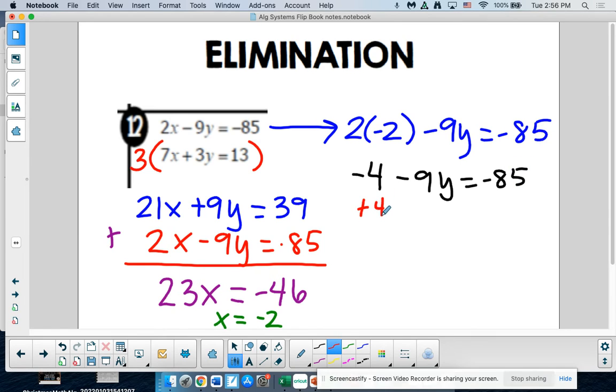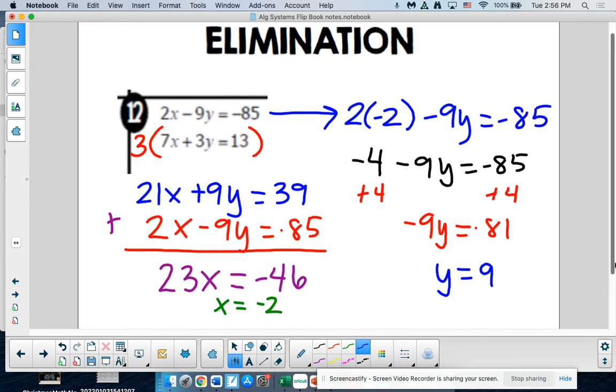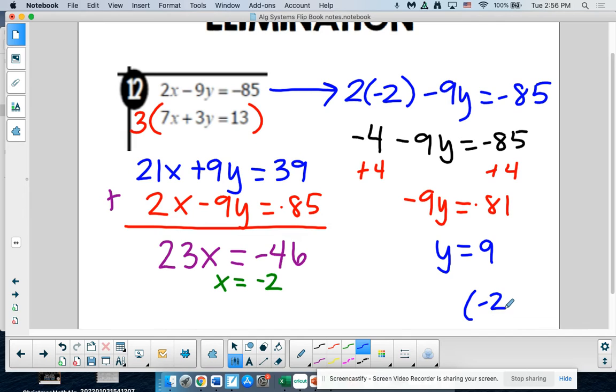Add over that 4, negative 9y equals negative 81. Divide out, y equals 9. So your final answer should be, folks, negative 2, 9.